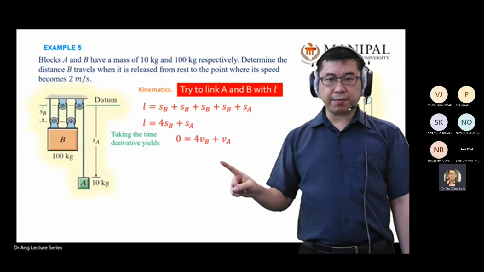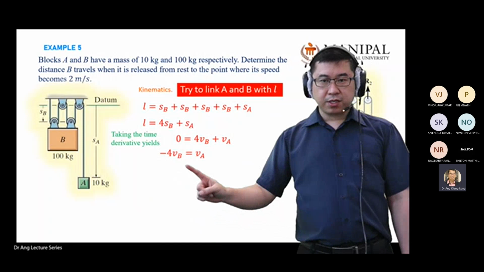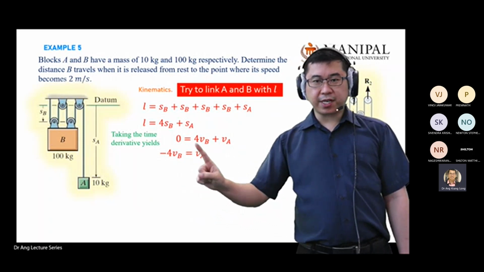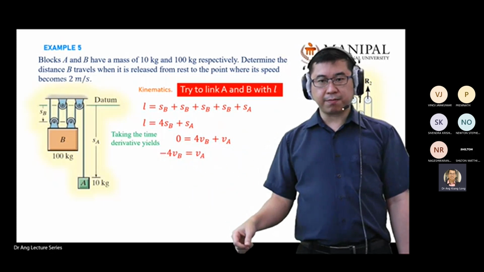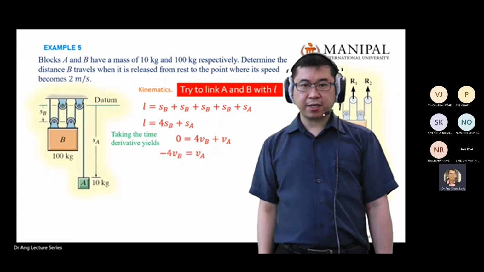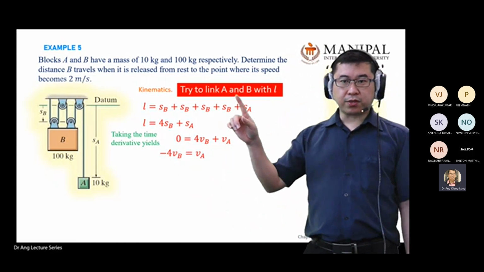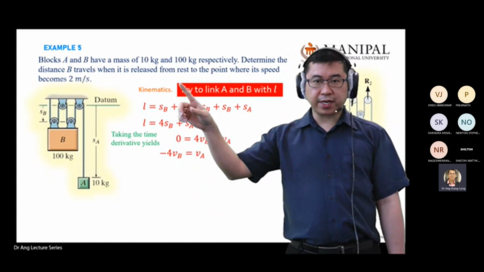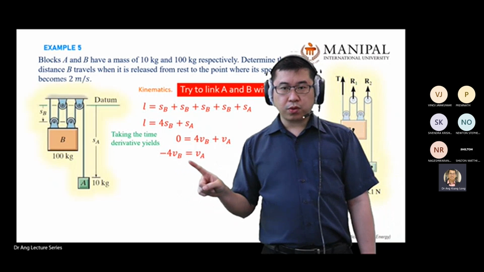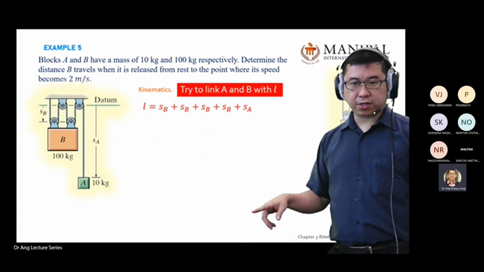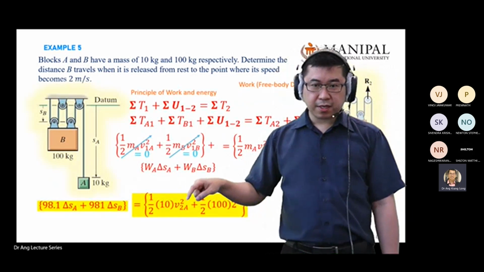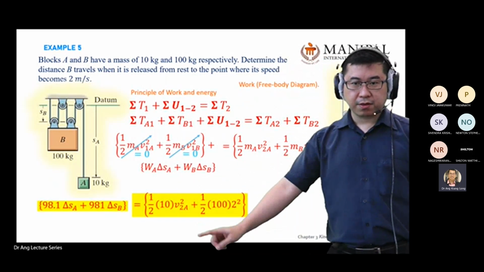When you differentiate one time, you get velocity. So you rearrange. You can either pull VA to the left hand side or pull VB to the left hand side. It doesn't matter, as long as you get the relationship between VB and VA, because you want to find the speed and the distance. These are the two unknowns that we need to solve because in the previous equation we are missing VA.